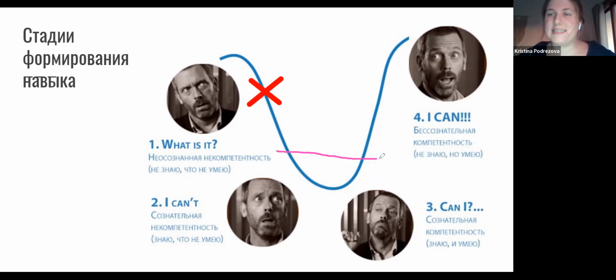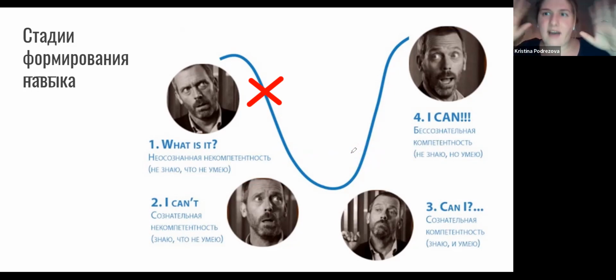But if you understand this curve, it can help you move forward to stage number 3, where you start to understand and it starts happening, right? You start riding a bicycle. You're not really sure how to do it. You still have to think about balance, but you can go in a straight line.